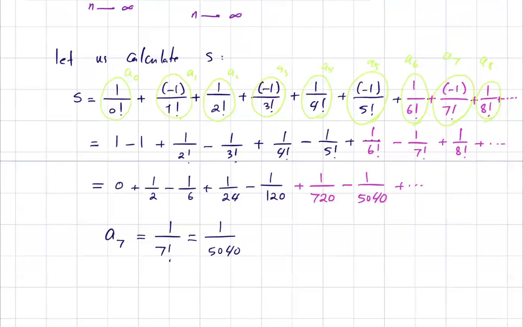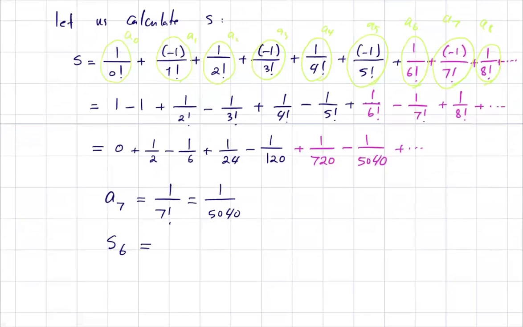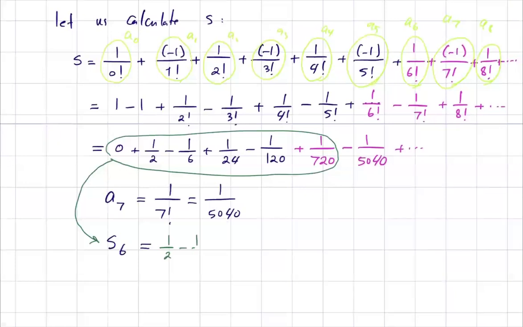Now, if I calculate all of these sums before A sub 7, what do I have? S sub 6 is equal to a half minus 1 over 6 plus 1 over 24 minus 1 over 120 plus 1 over 720.